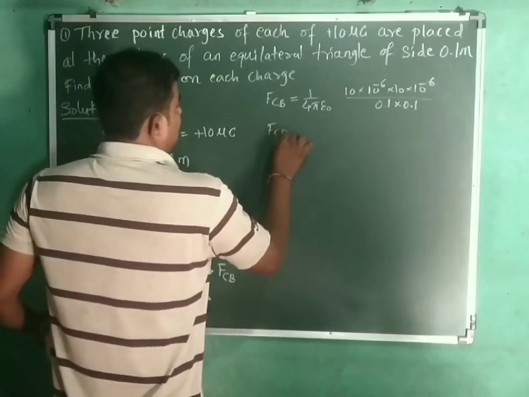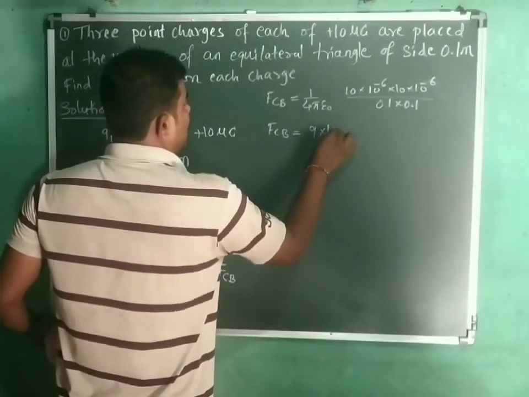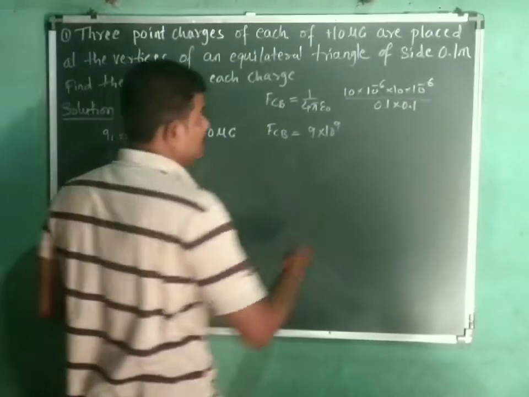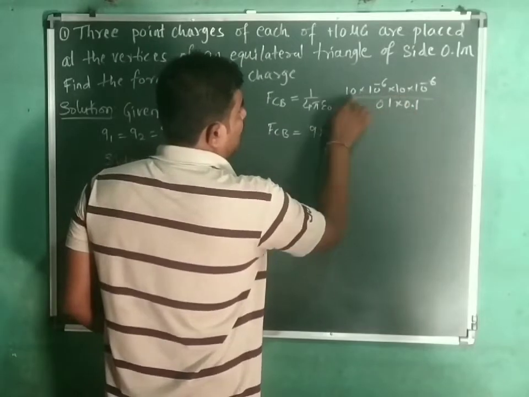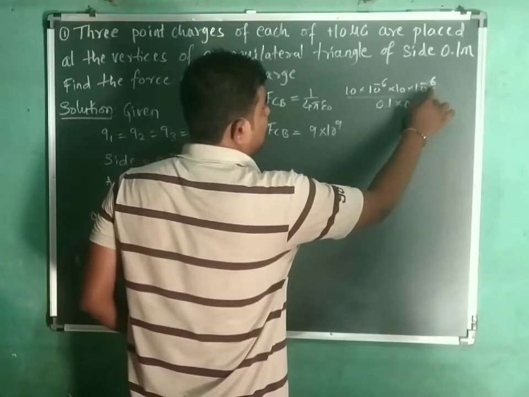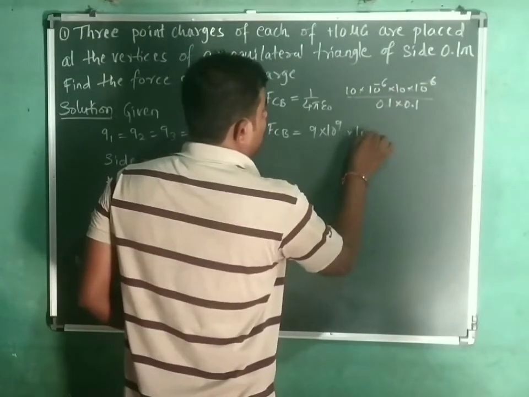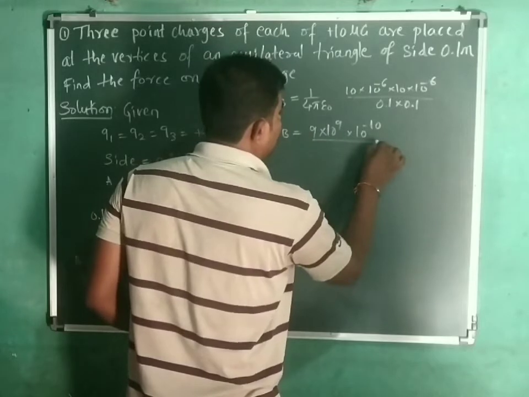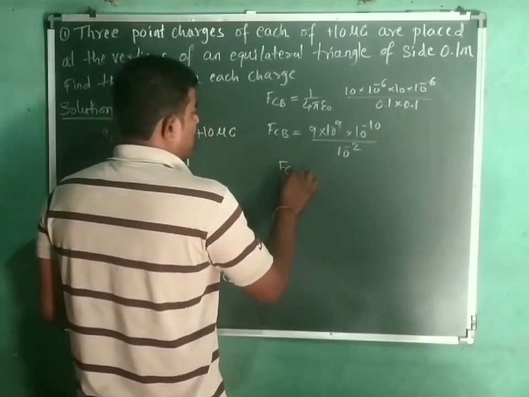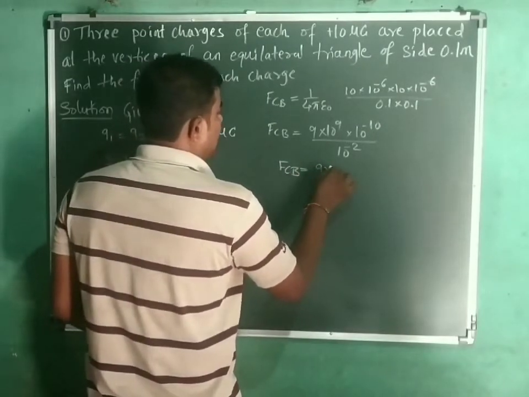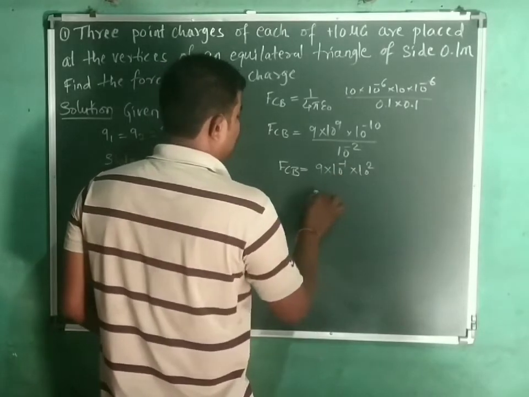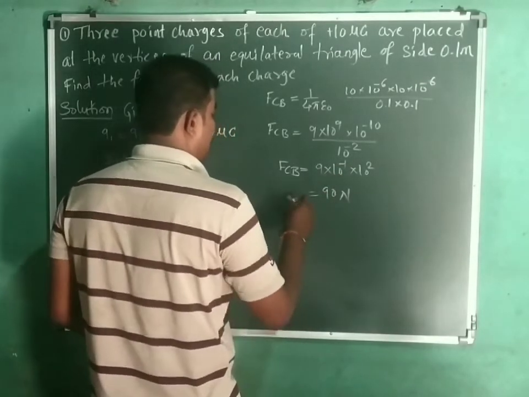So FCB is equal to 9 into 10 to the power 9, because the value of 1 divided by 4 pi epsilon naught is 9 into 10 to the power 9. And 10 to the power 1 and 10 to the power 1 give 10 to the power 2, and with 10 to the power minus 6 twice it is 10 to the power minus 12, so we get 10 to the power minus 10 divided by 10 to the power minus 2. So FCB is equal to 9 into 10 to the power minus 1 into 10 to the power 2. Therefore it is 90 Newton.